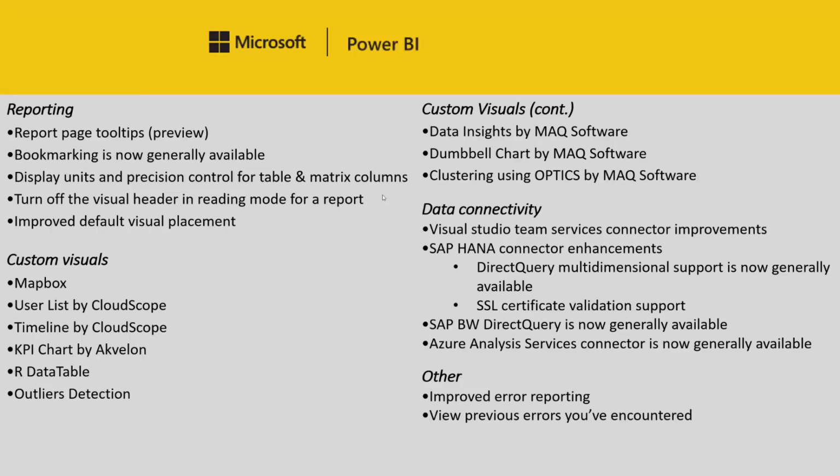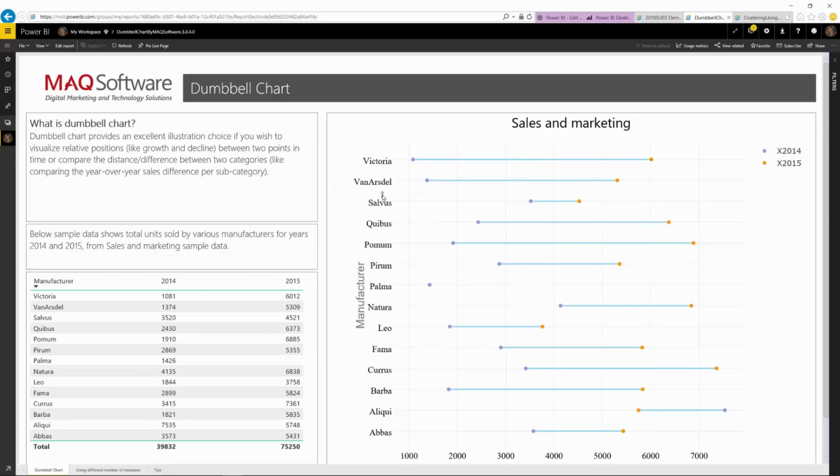The next visual is our custom visual, the Dumbbell Chart. The Dumbbell Chart is all about being able to visualize the relative positions between 2 points. So for example, for each of these different manufacturers, we're able to see between 2 years what the different values are.